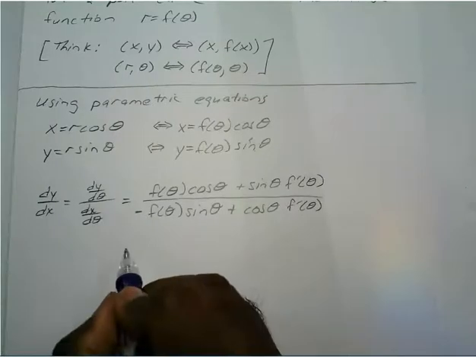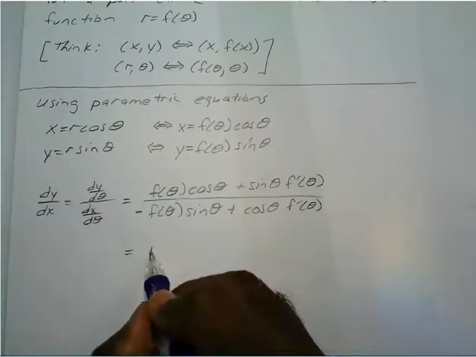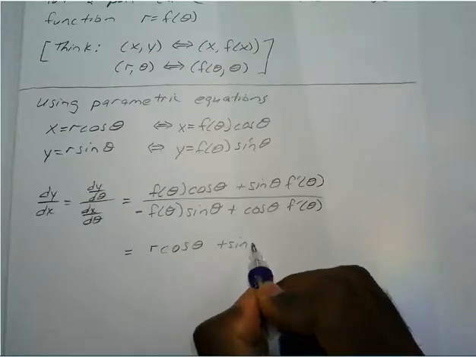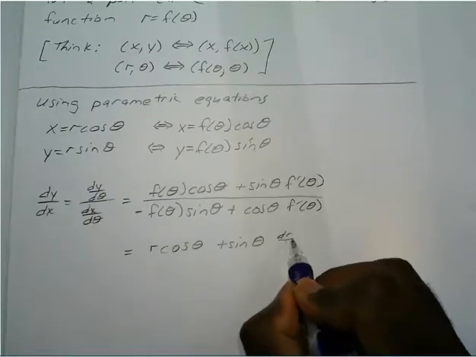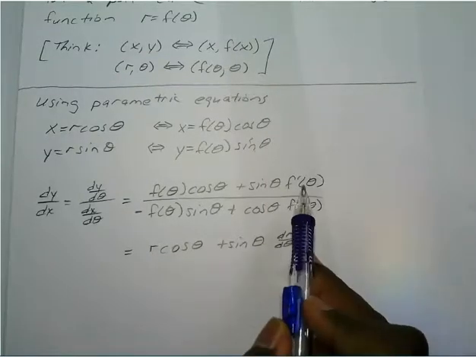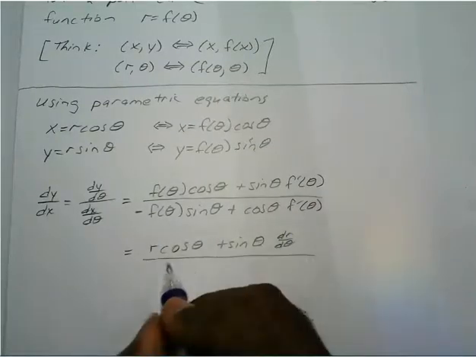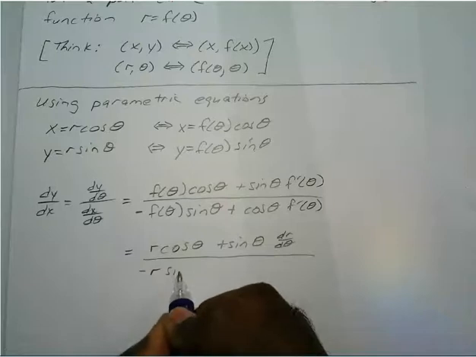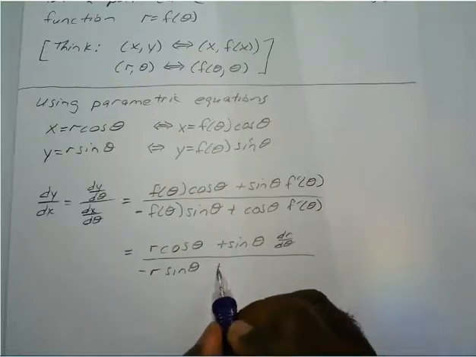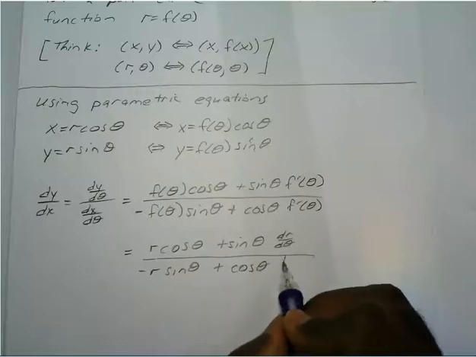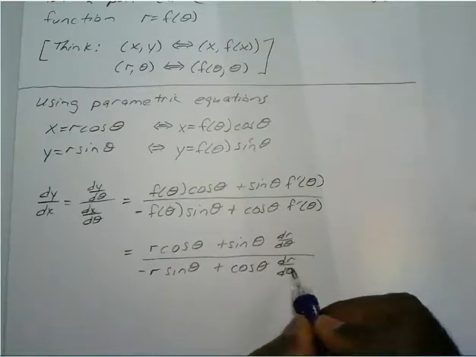Or if you wanted to, you could make it r cosine of theta plus sine of theta dr d theta, since f prime is just dr d theta, over negative r sine of theta plus cosine of theta dr d theta.